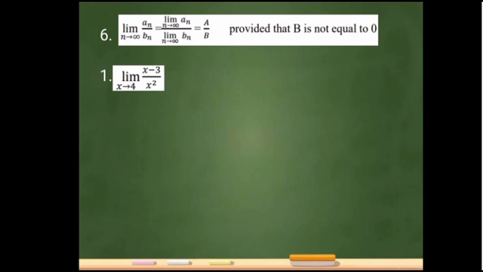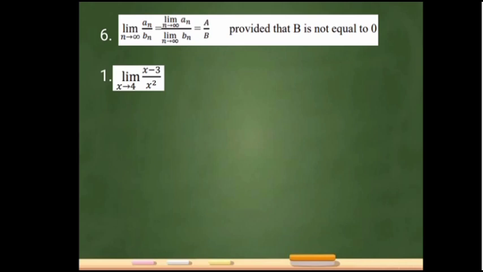So, we have the equation limit a_n over b_n as n approaches infinity equals limit a_n as n approaches infinity over limit b_n as n approaches infinity equals a over b, provided that b is not equal to 0, because if the denominator b is equal to 0, the limit does not exist.